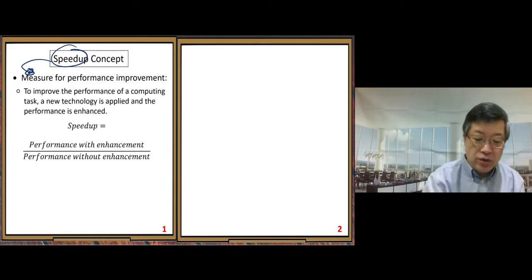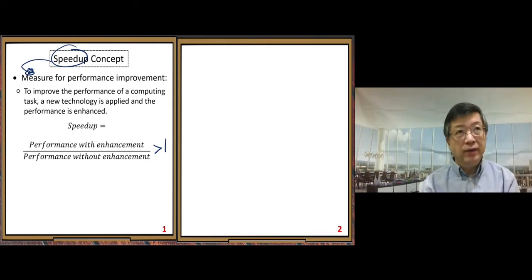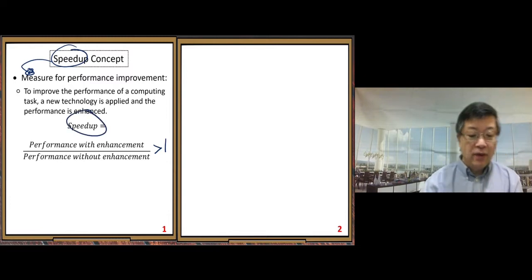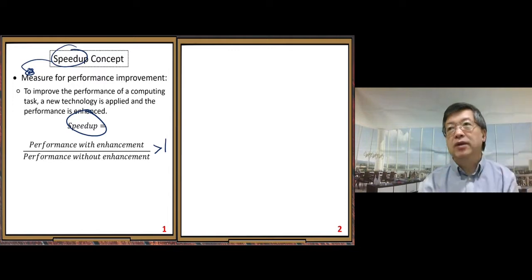So this ratio should be greater than 1. Then you have improvement in the performance, should be greater than 1. Speedup, from this name, we expect this number to be greater than 1. Otherwise, you don't have speedup.